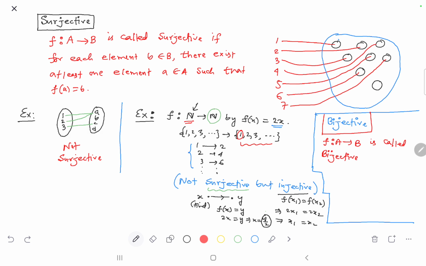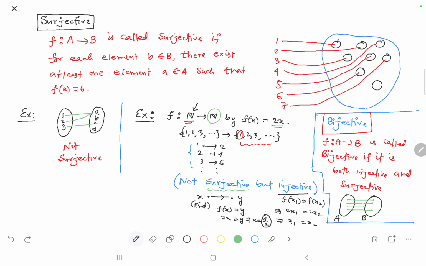A to B is called bijective if it is both injective and surjective. Now let me tell you a little bit. What is the benefit? If your map is bijective, you have set A and another set B. Injective guarantees that distinct elements map to distinct positions, and surjective guarantees that if you take any element, you have a pre-image here.